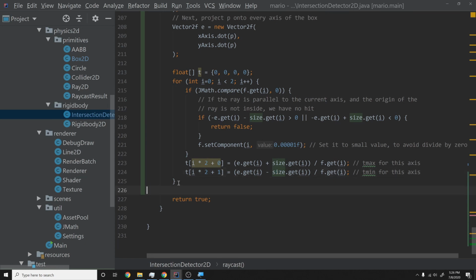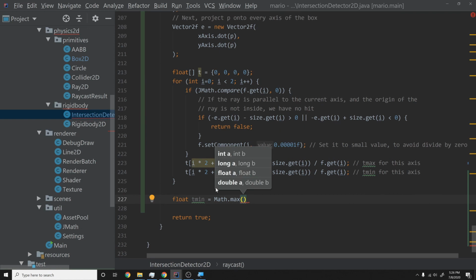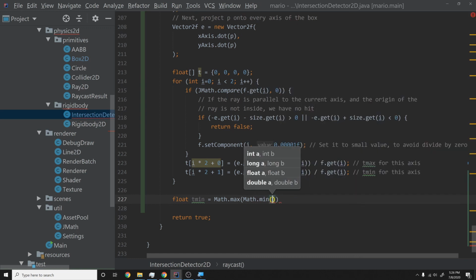Okay, and now to find the true t min and the true t max, we need the maximum of the minimums. So we'll say t min, this is the true t min, is Math.max of the minimums. So we'll say Math.max of Math.min of t0 and t1, and Math.min of t2 and t3.